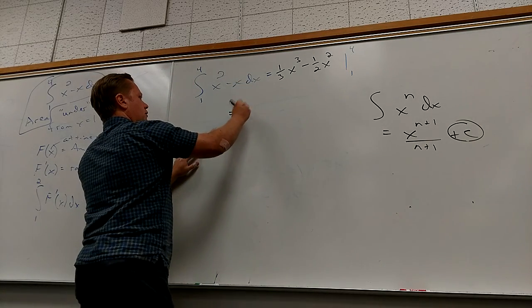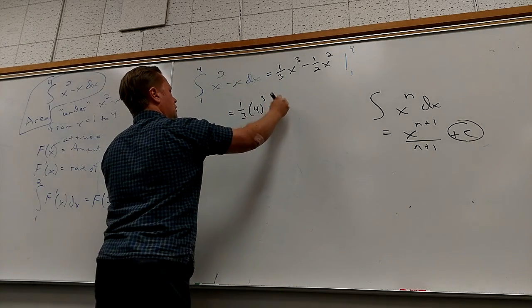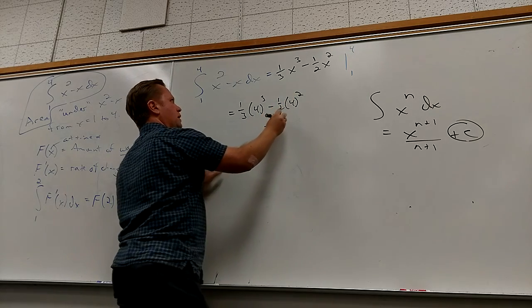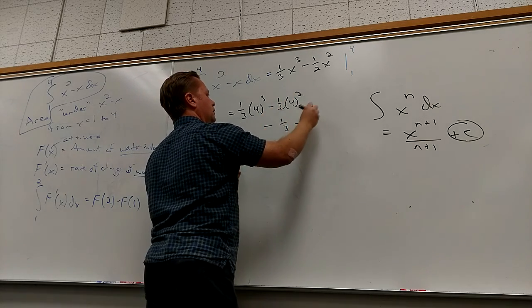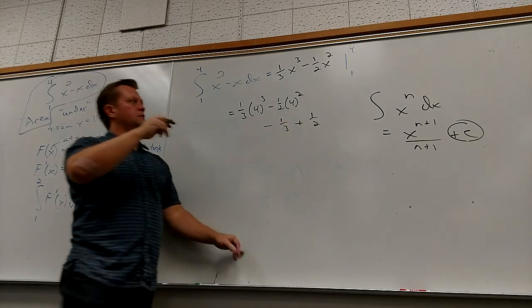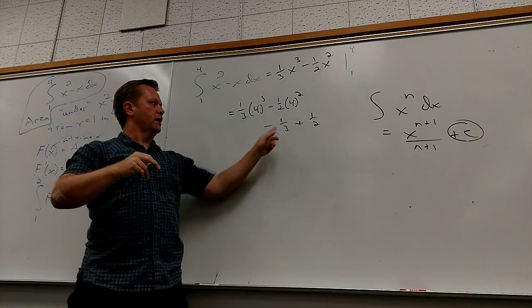So I got 1/3 4 cubed minus 1/2 4 squared minus 1/3 plus 1/2. Is that cool? I plug a 1 in, minus, so it changes the signs.